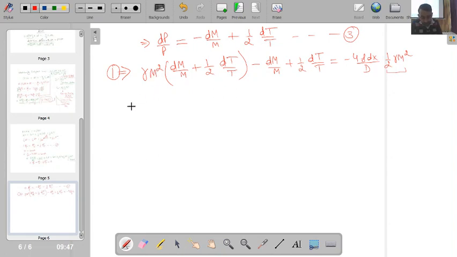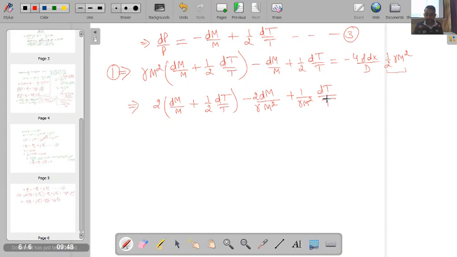So here gamma m square will cancel out, so I will get 2 times of dm by m plus 1 by 2 dt by t minus of 2 dm by gamma m square, correct, plus 1 by gamma m square into dt by t. Up to this point, is it clear?